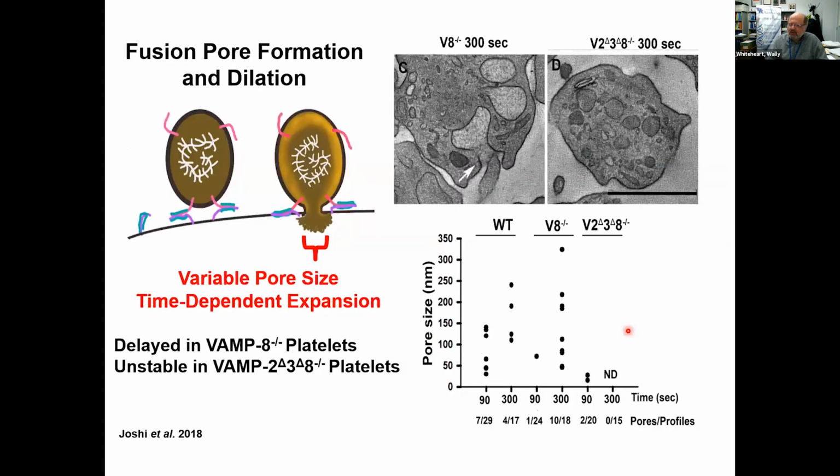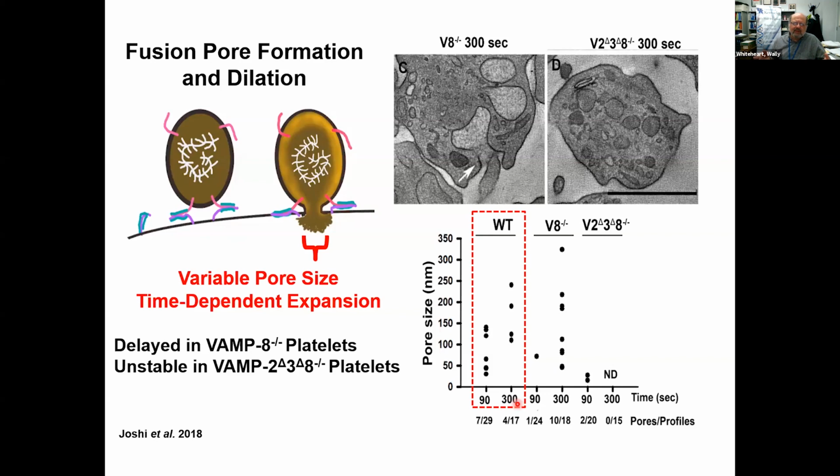Okay? So using that kind of analysis, we can actually measure the diameter of the fusion pore and see whether that changes during the exocytosis process. And I'll call your attention first to the measurements of wild-type platelets. So they were stimulated for 90 seconds or 300 seconds. And then we did the serial block face analysis and basically counted fusion pores.